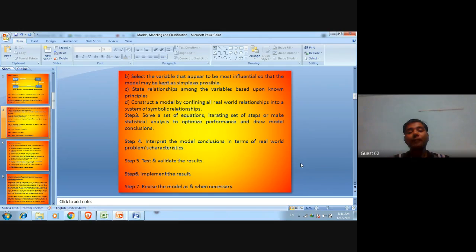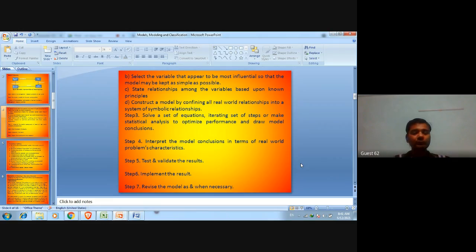Now, after getting the validity, means when your top management validates your results, then you will implement that result in real life. Means you will try to solve the problem by implementing the model that you have constructed.